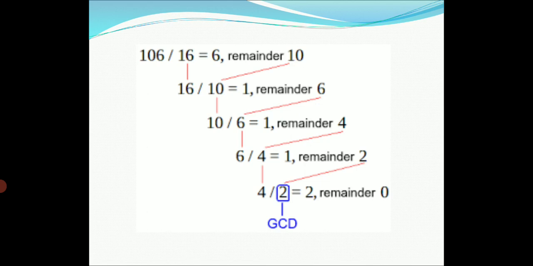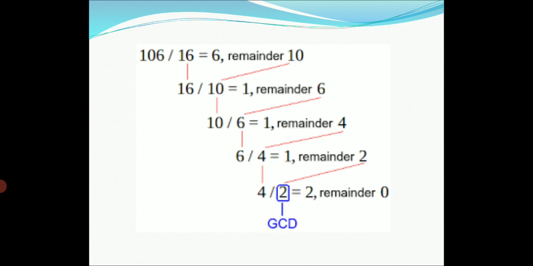So once again I will repeat. Here A is equal to 106 and B is equal to 16. A divided by B, that means 106 divided by 16: the quotient will become 6, then the remainder will become 10. Then go to the next pass. A is equal to 16, B is equal to 10 now. Calculating, the quotient becomes 1 and the remainder becomes 6.